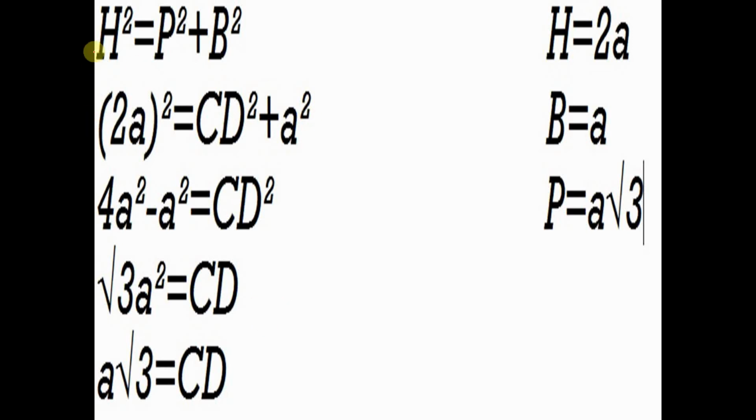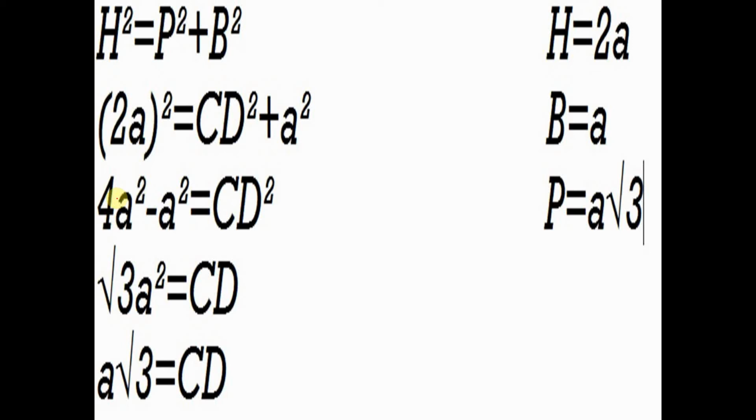Then let's see. Hypotenuse square is equal to perpendicular square plus base square. 2a the whole square, because the value of h is given, is equal to CD square plus a square. 4a square minus a square, the a square will transfer here, is equal to CD square.